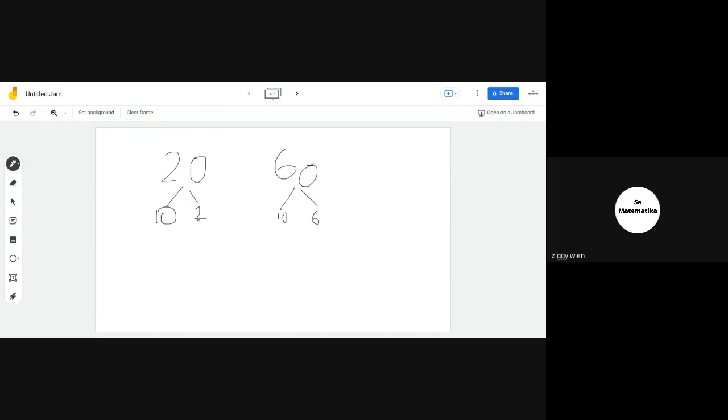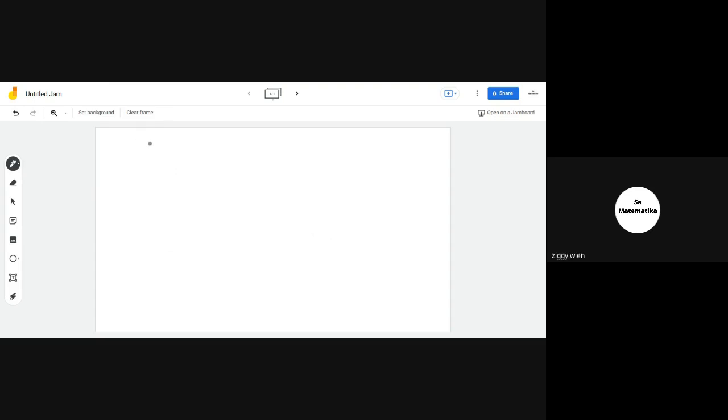Then you take the right number and you can divide it by 2 again. 1, 3. And the result is going to be 1 to 3.